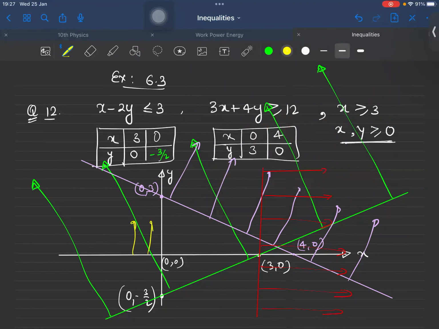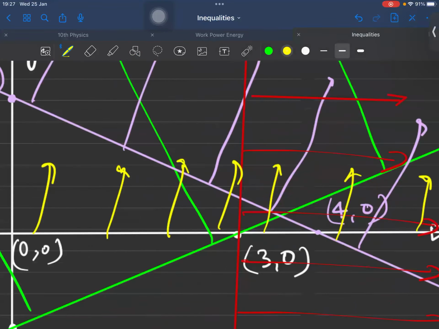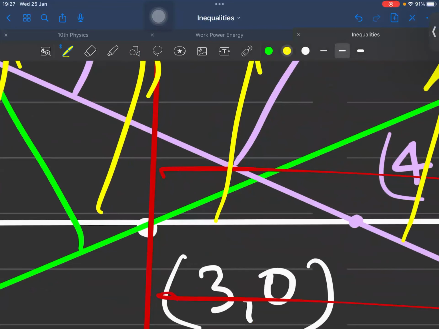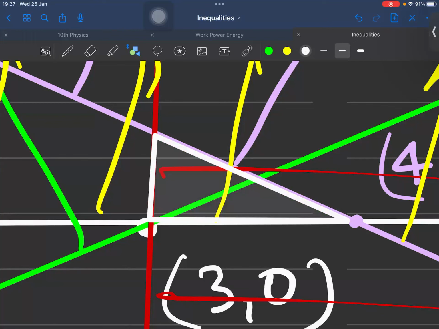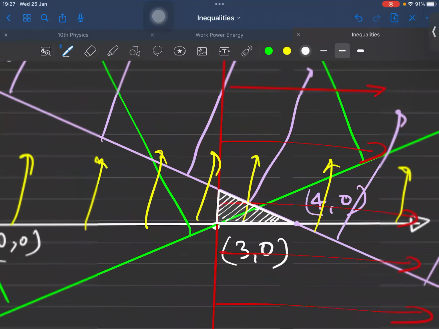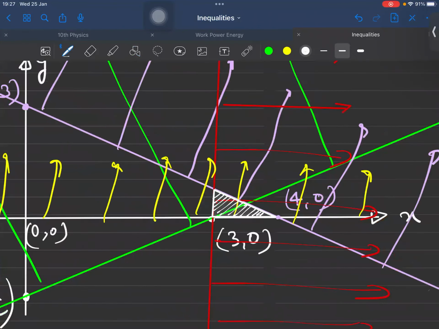All the values here above this axis. So what is the common region we are getting? We are getting this common region, right? Only this is the common region we are getting. Let me draw it. So this is the region that we are getting. This is the solution of this given linear inequality.